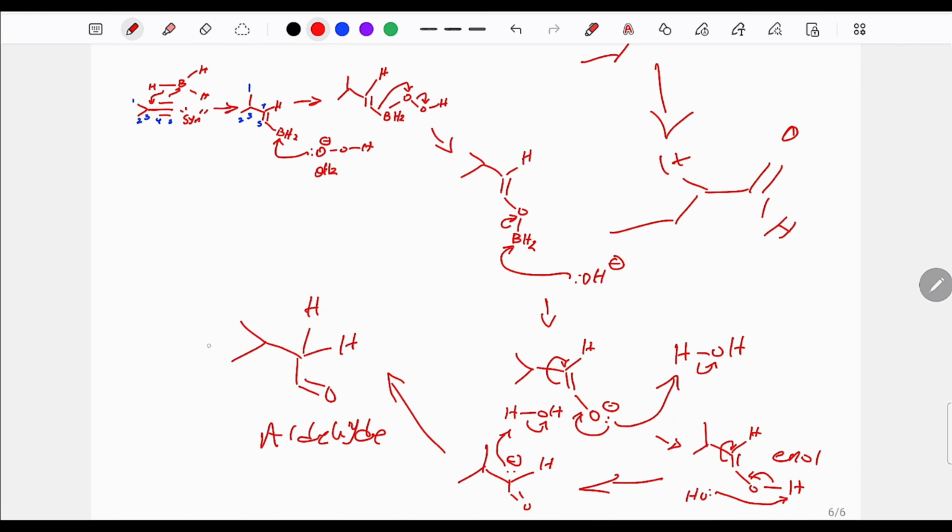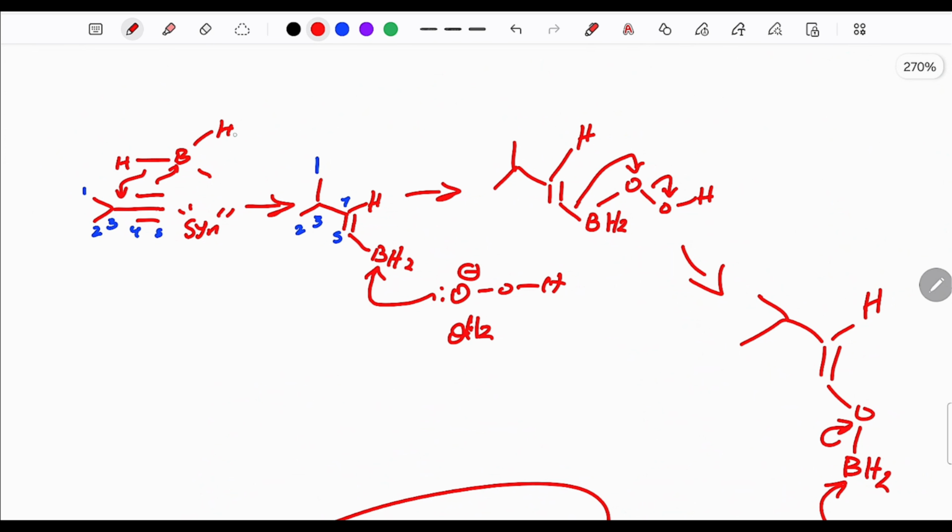And so you can see that in this case, because it was a terminal alkyne, we got an aldehyde. And again, in reality, this should have been R and R, right?